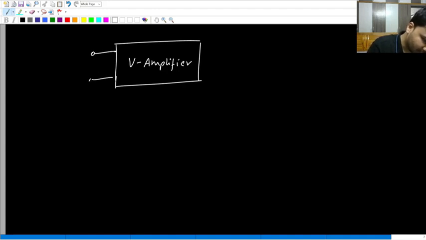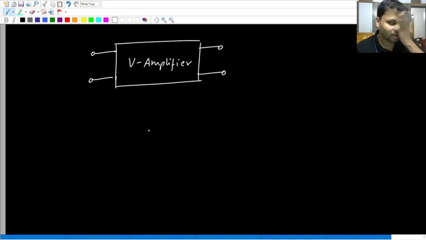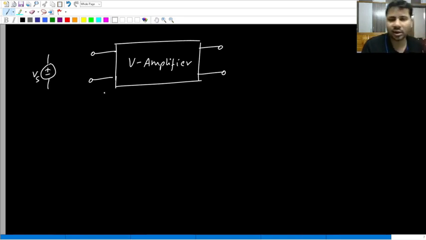So obviously this is the input port, this is the output port. What source will be connected across the input port? Some input voltage source will be connected. Vs is the input voltage source connected across the input port of the voltage amplifier. And in general, any voltage source will have some internal resistance in series. Even for this voltage source Vs, let there be some internal resistance in series denoted by Rs.